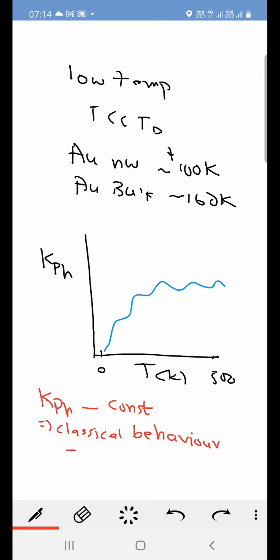So this is what is happening when the temperature is greater than or equal to the Debye temperature of 100 Kelvin. So say this is 100. After 100, it tends to attain a constant value. Now, at lower temperature, for example, around say 50 Kelvin, here actually the quantum corrections become important.